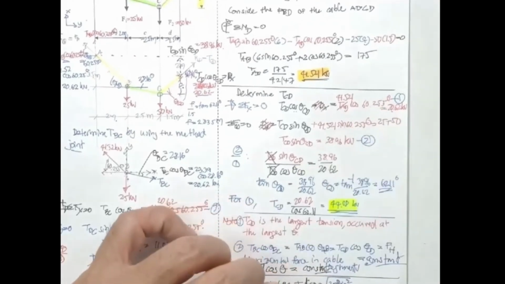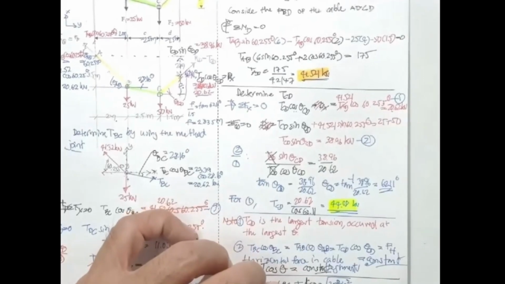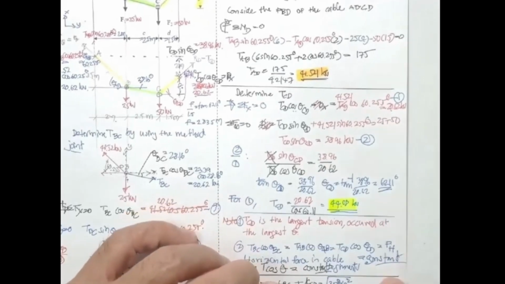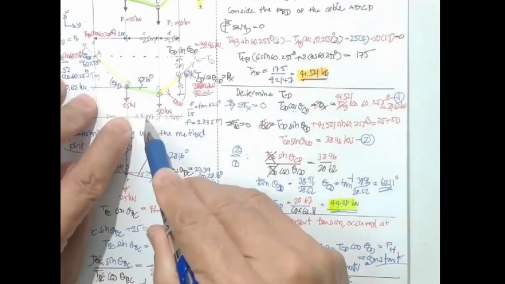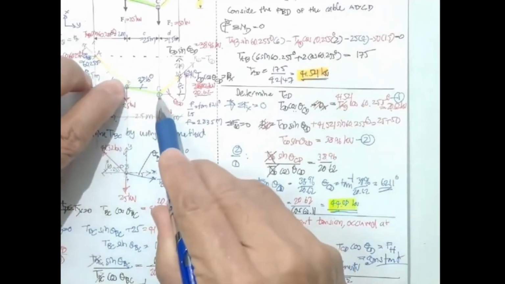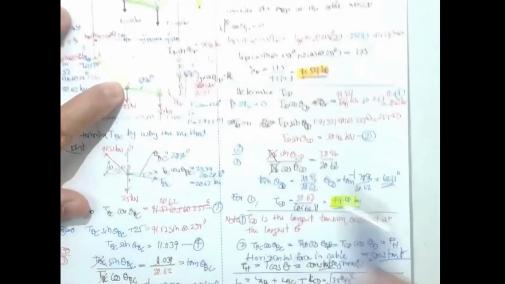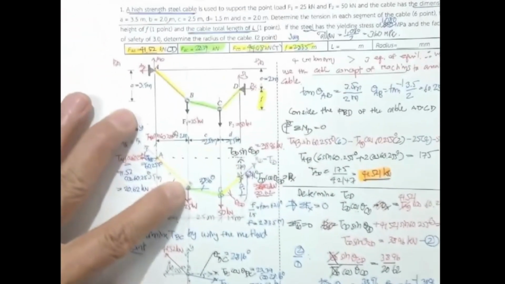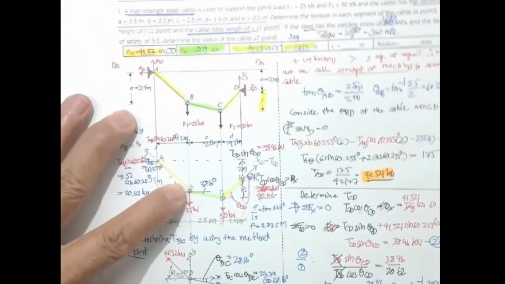How about the length for this one? Okay. You know 2.5 here, right? And then you're going to find the length BC. Now let me take it over here. We're looking for the length.